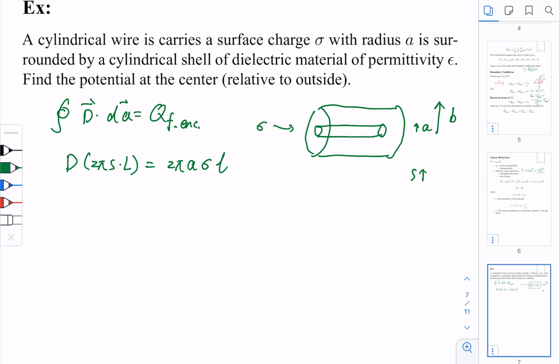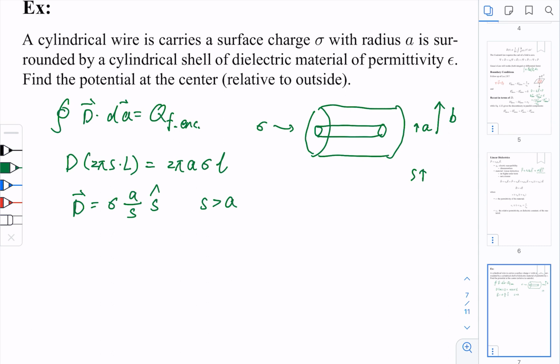If you compare, the D vector should be sigma times a over s, along the s direction. Of course, this is for s larger than a, because inside the wire it's a conductor.